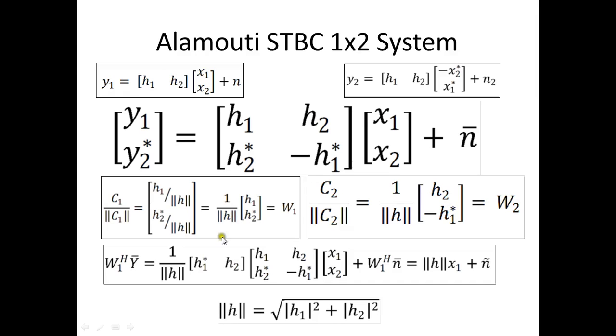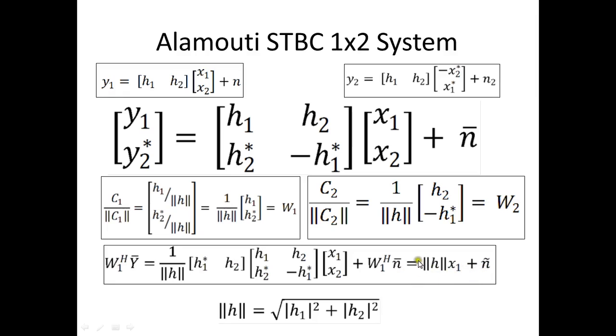For example, to decode the symbol given in transmit instant 1, we multiply the W1 Hermitian with y bar, which is the total received symbols in both the time instants, and we found that ultimately it comes down to h double bar x1 plus n tilde.